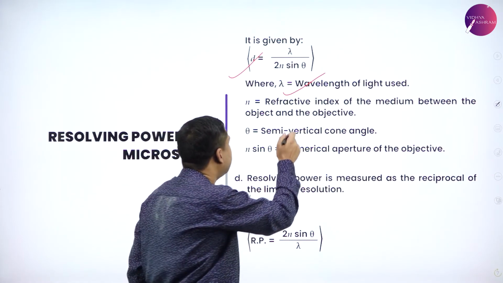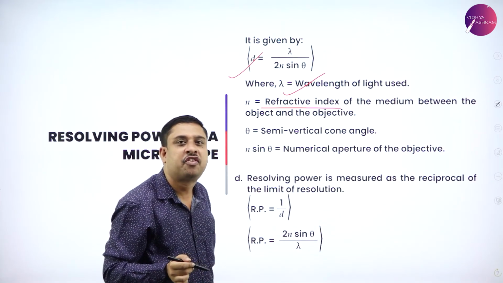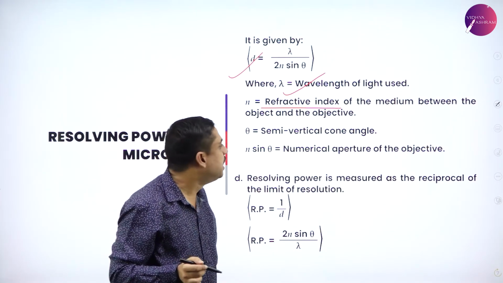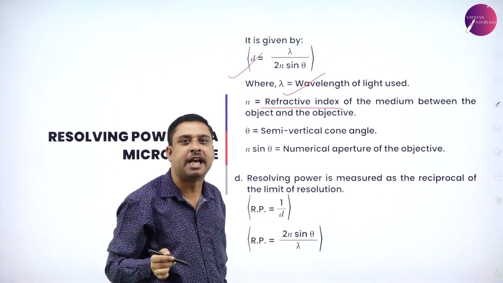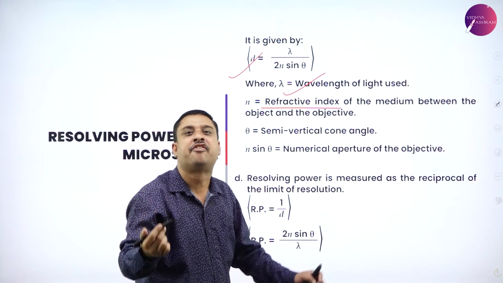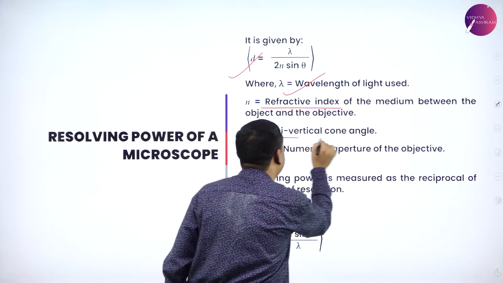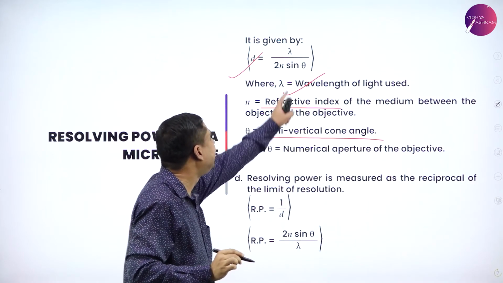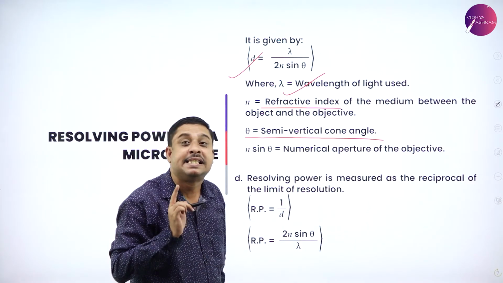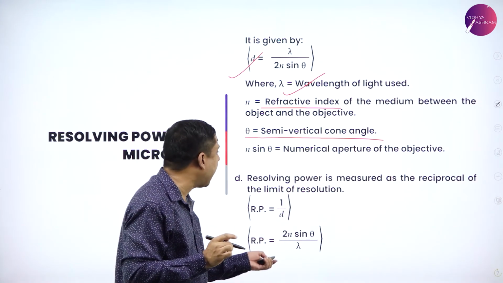N is the refractive index of the medium between the object and the objective. Generally, n represents refractive index. This is very important. Theta is called the semi-vertical cone angle.